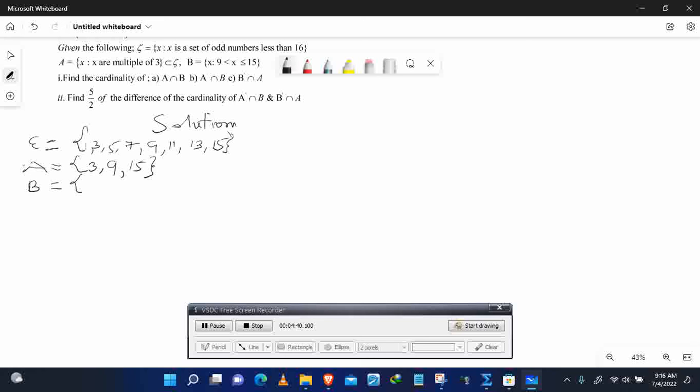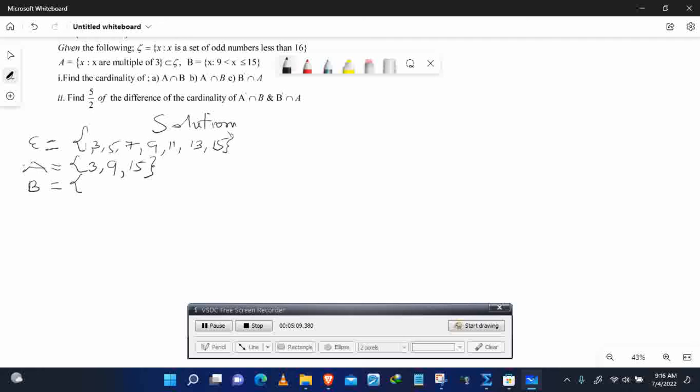As you see on your screen, x greater than 9. You see the inequality symbol, where it's facing: the opening faces the x, so x is greater than 9. And here we also see that x is less than or equal to 15.